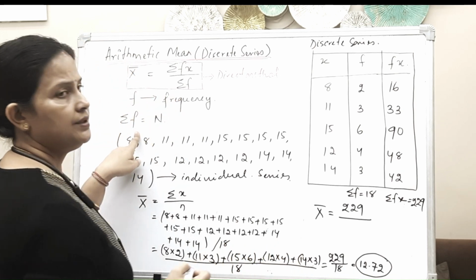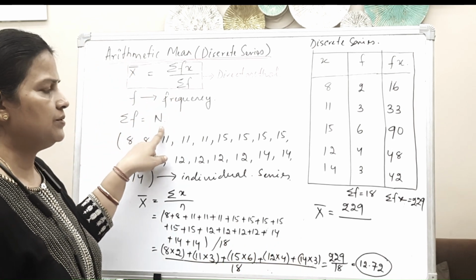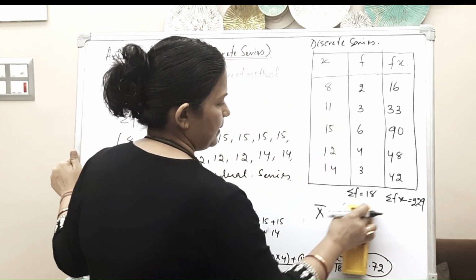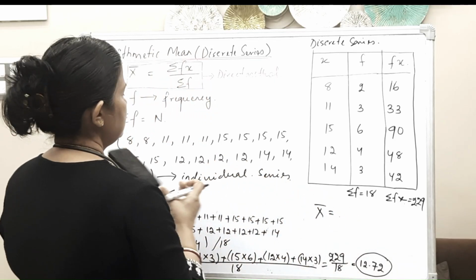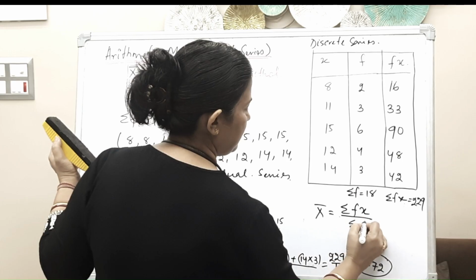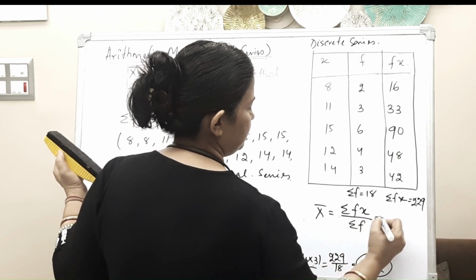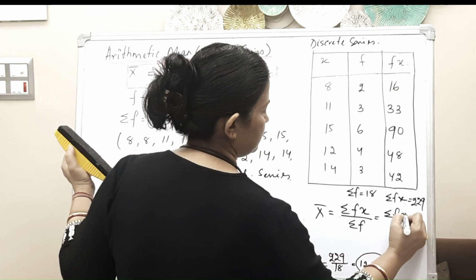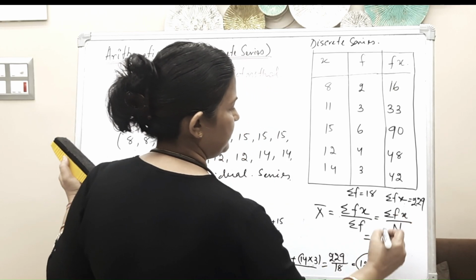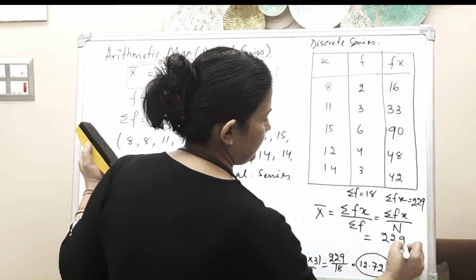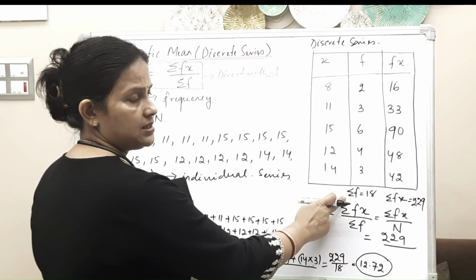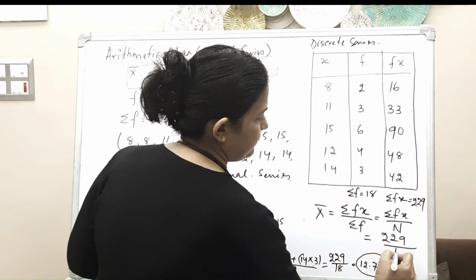Sigma of f we can also write as n. So sigma of fx, 229, divided by n, and n is nothing but sigma of f, which is 18.